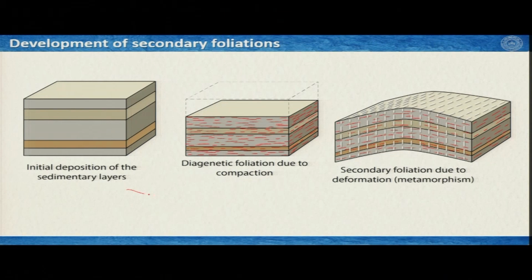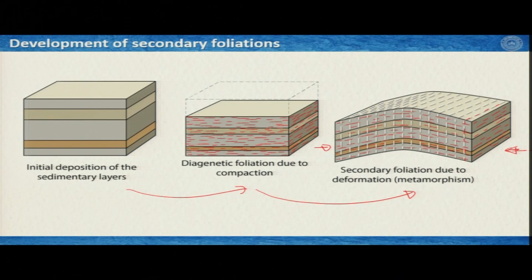So, these two we have understood: we have a sedimentary rock or sedimentary depositions, then diagenetic foliation formed, and after that if there is a directed force or directed stress that can deform the country rock, then these white dashed lines that we see here appear in the rock and define secondary foliations.